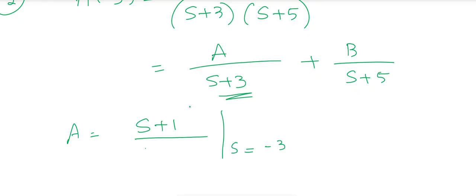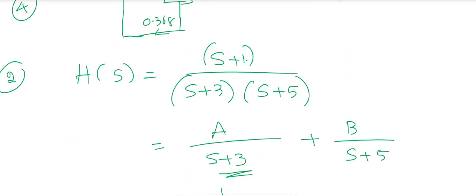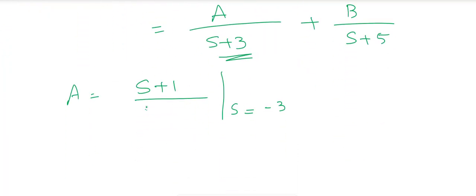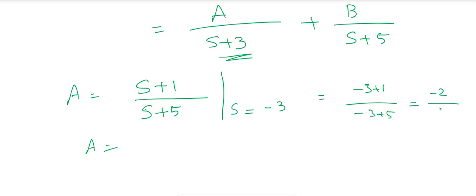So A is minus 3 plus 1 over minus 3 plus 5, which is minus 2 by 2, equal to minus 1.